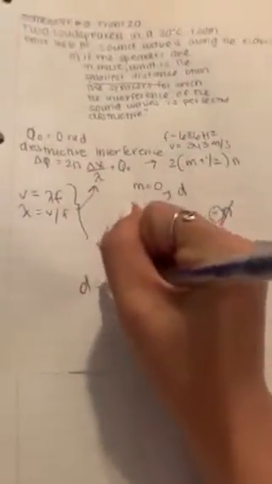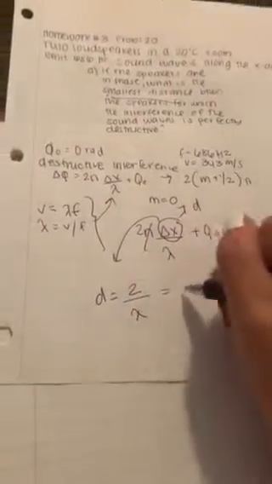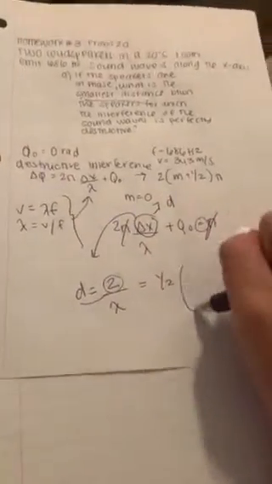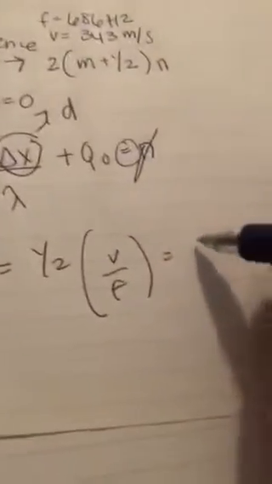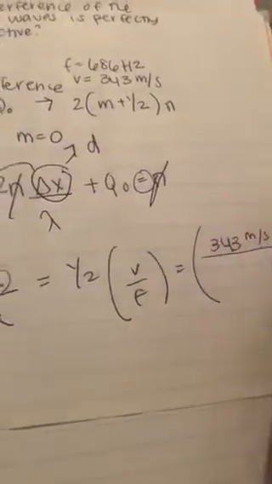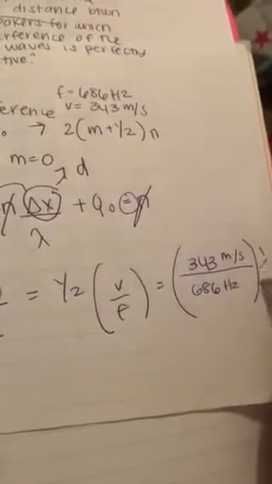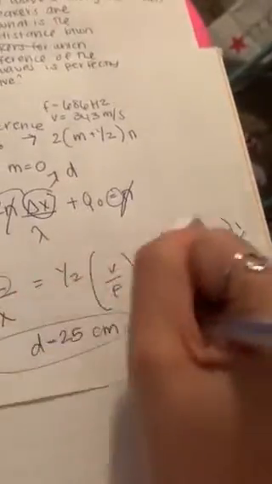So we're going to get D equals 2, and then this is going to equal 1/2 because we're going to pull this 2 out over here, of V over F, which is going to equal 343 meters per second over 686 Hertz times 1/2, and then we're going to get D equals 25 centimeters. And that's the answer.